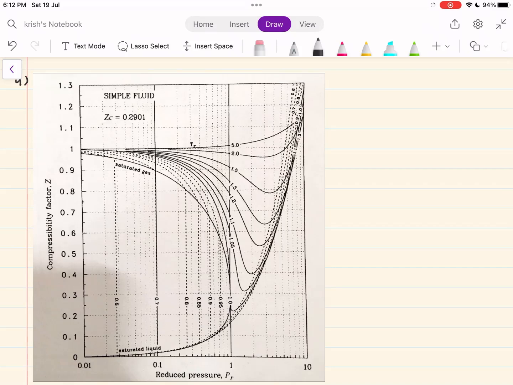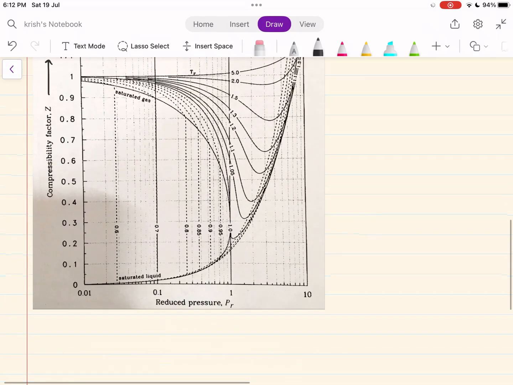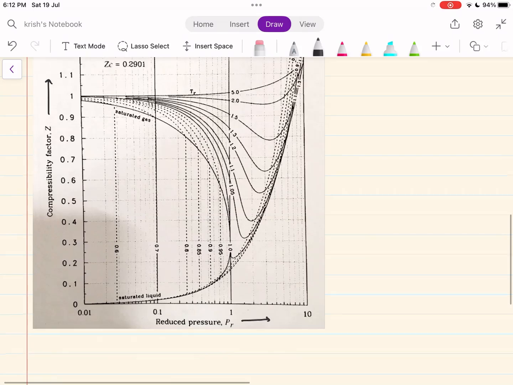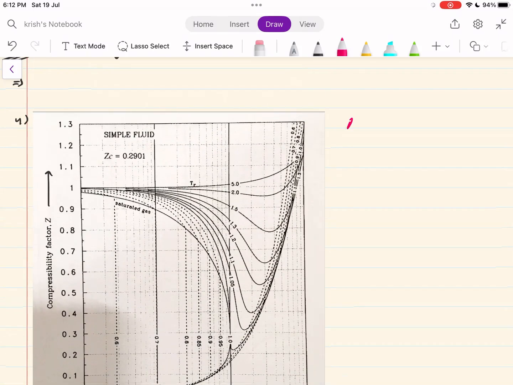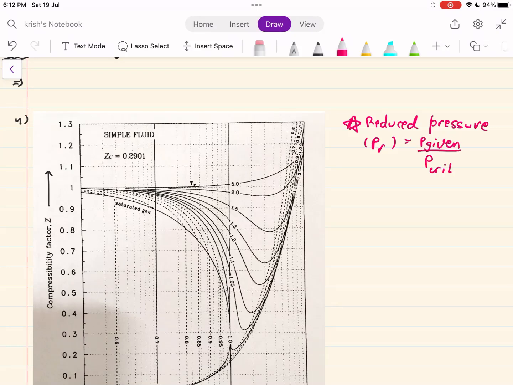Our compressibility factor is on the y-axis and our reduced pressure is on the x-axis. Now what is this reduced pressure? You should remember this because it is a useful quantity. Reduced pressure is given by P given upon P critical. This is also given in our thermodynamic tables book, and you will get it from table A.2.